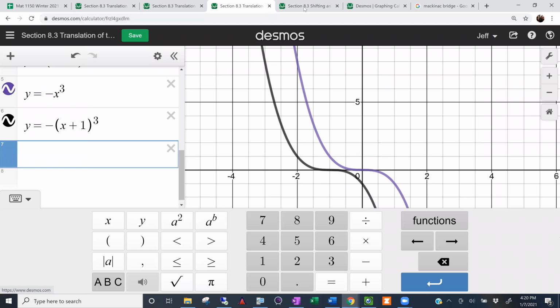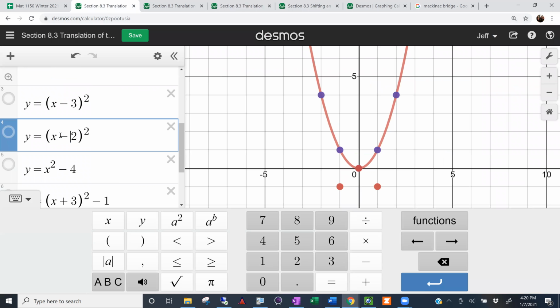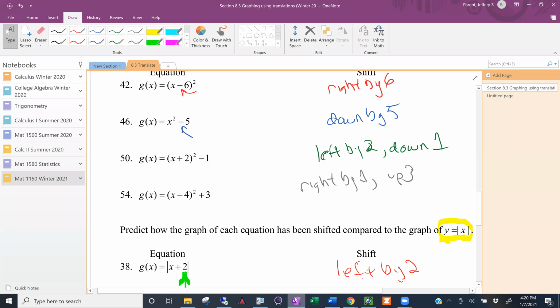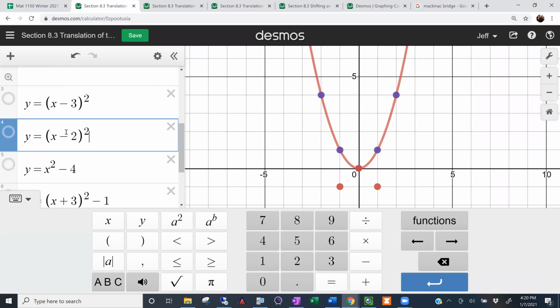So let's see. Back over to here. So it'd be x plus 2 squared. And what was the rest of it? Plus, oh, minus 1. Thank you. X plus 2 squared minus 1.